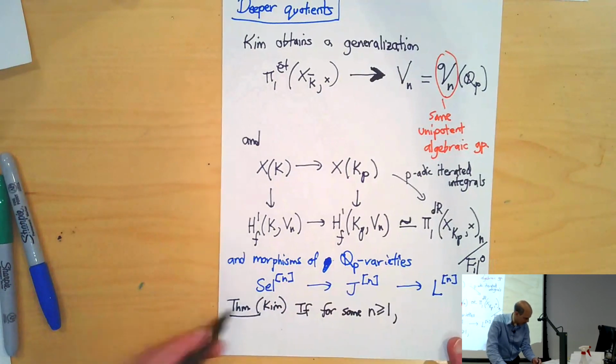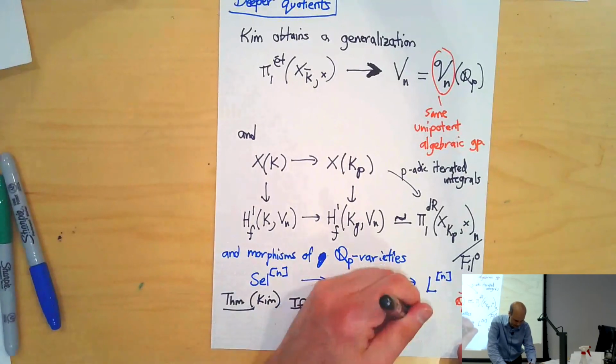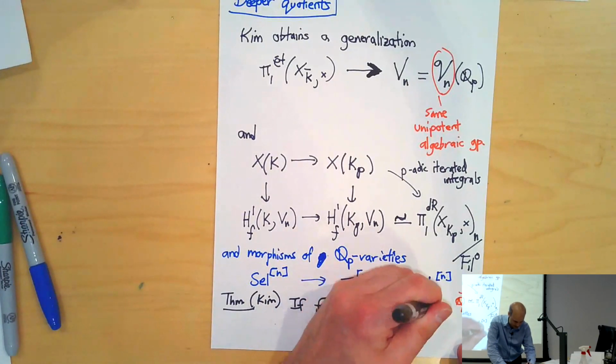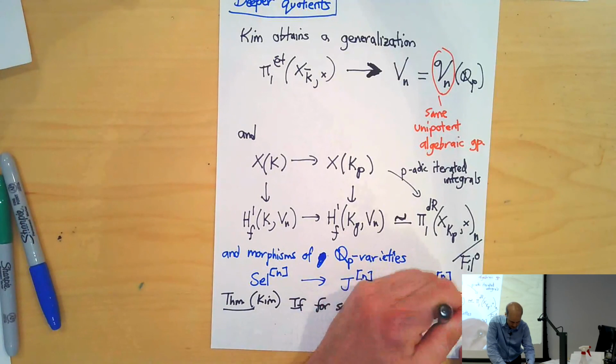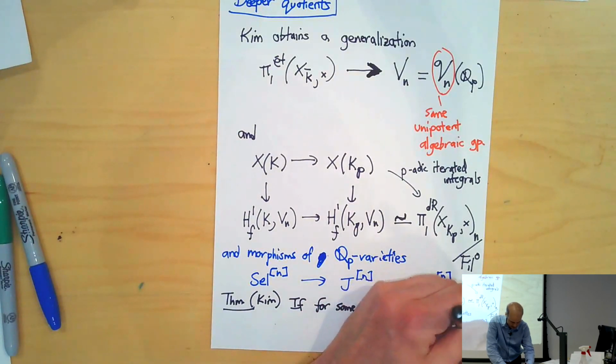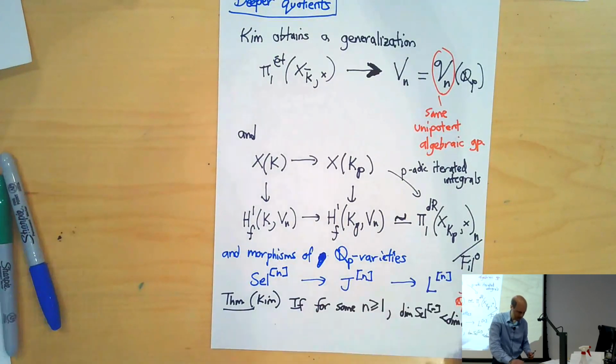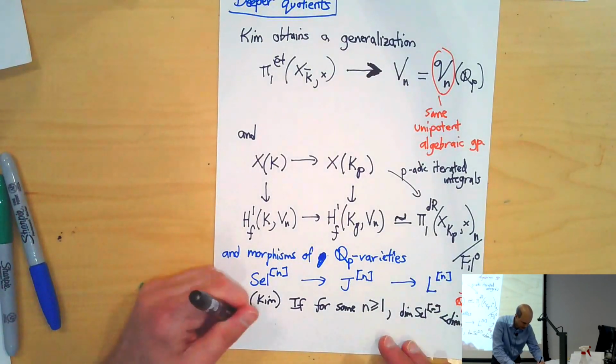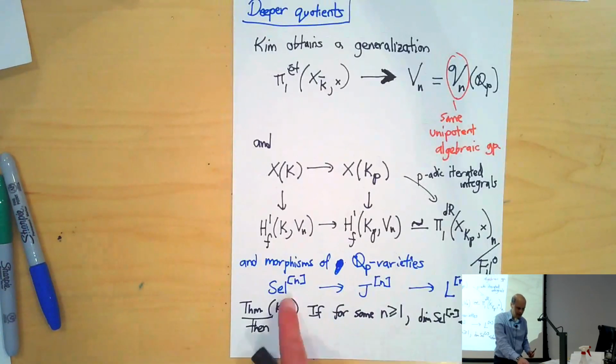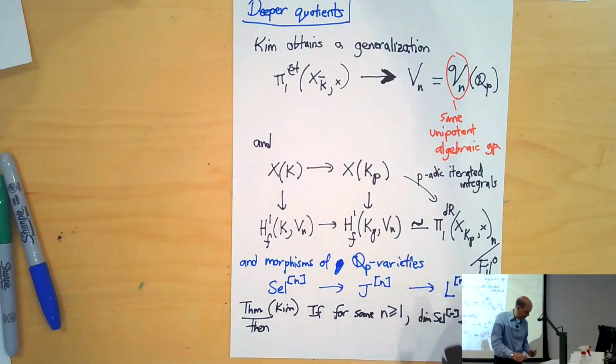But now what you need is for the dimension of the Selmer variety, this is the analog, to be less than the dimension of this higher Jacobian kind of thing. And so if that holds, then this is a smaller dimensional subvariety in here.